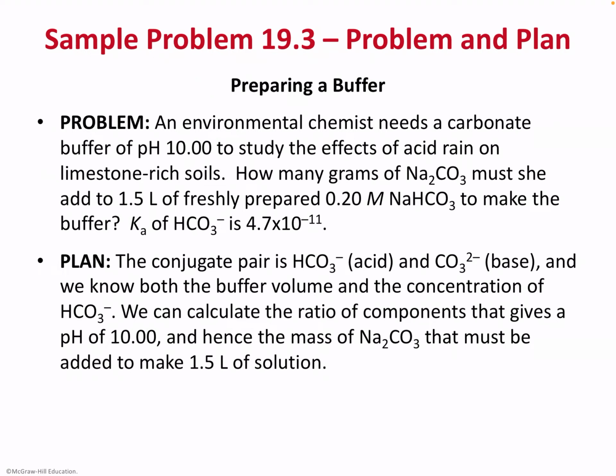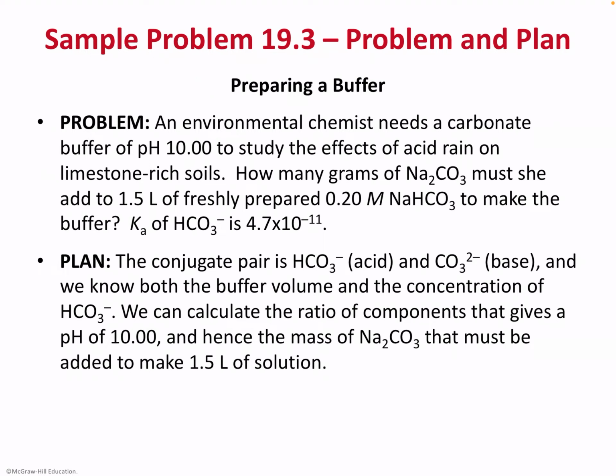An environmental chemist needs a carbonate buffer of pH 10 to study the effects of acid rain on limestone-rich soils. How many grams of sodium carbonate must she add to 1.5 liters of freshly prepared 0.2 molar sodium hydrogen carbonate to make the buffer?